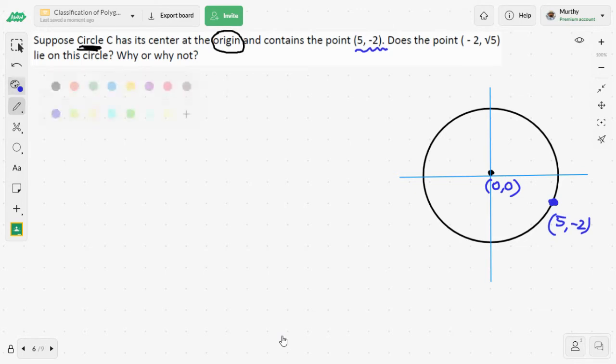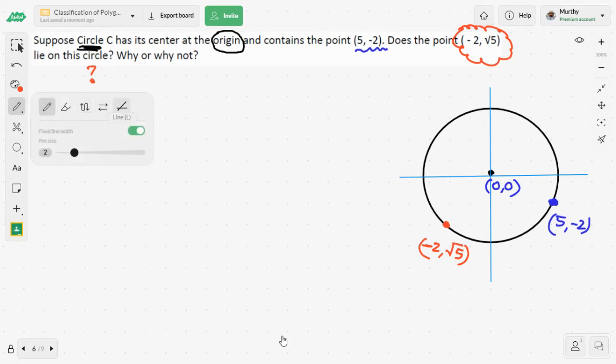And next, this is really interesting: does the point negative 2, 5 lie on the circle? Does it lie on the circle or not? Let me assume that this point negative 2 comma root 5 is also lying on this. Let's assume that way.